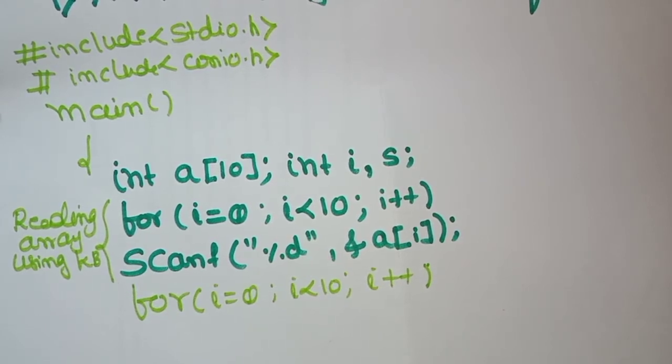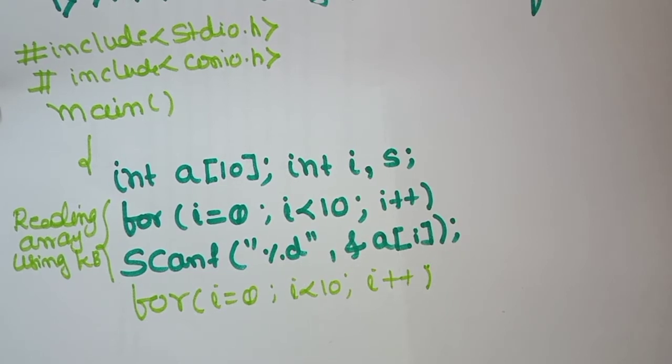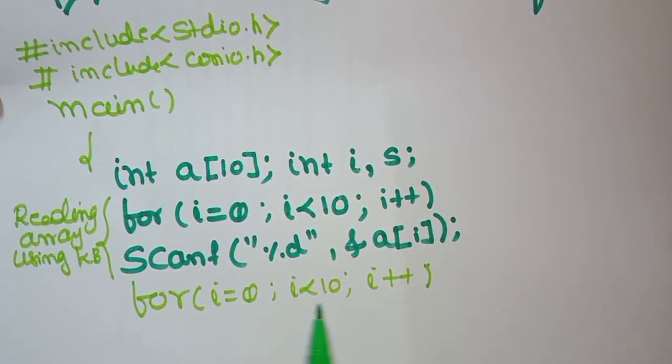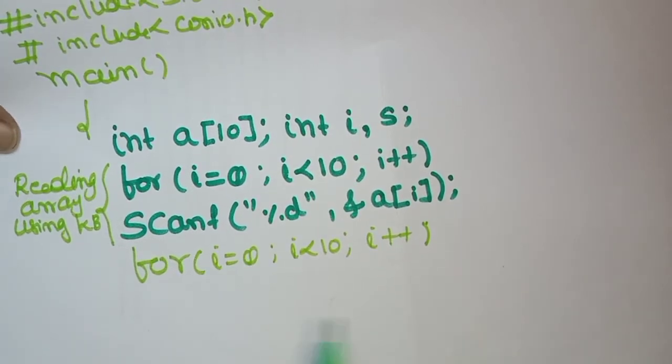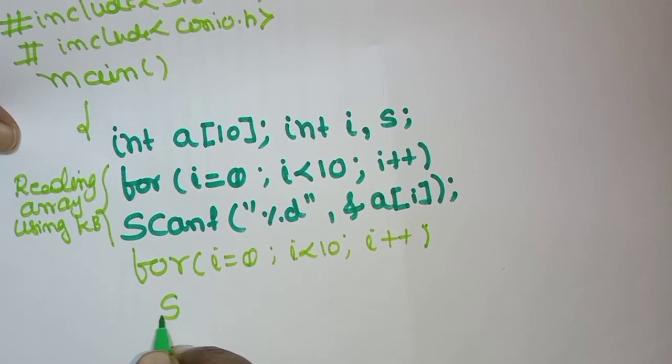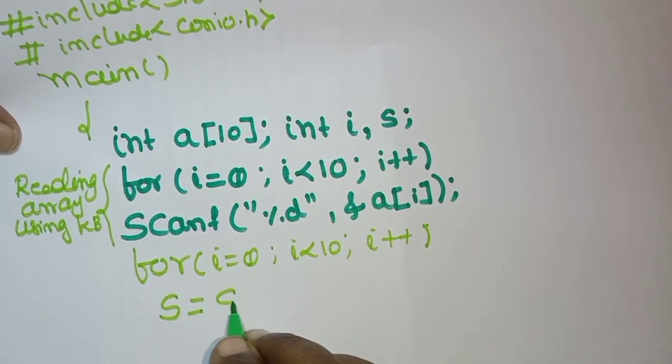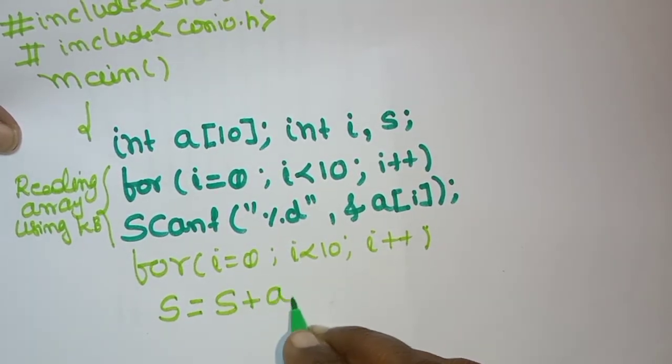So to find the sum of the numbers you have to add a of 0 plus a of 1 plus a of 2, like that up to a of 9. That is why once again I am going to take this for i is equal to 0, i is less than 10, i plus plus. And next I will write s is equal to s plus a of i.